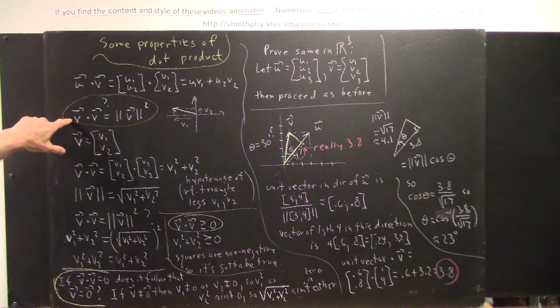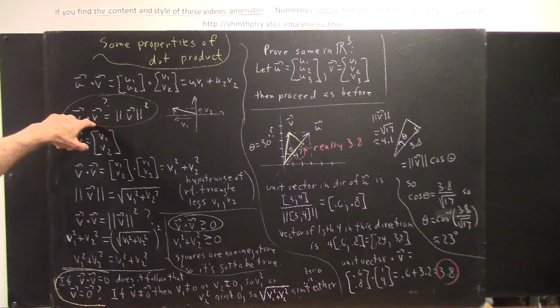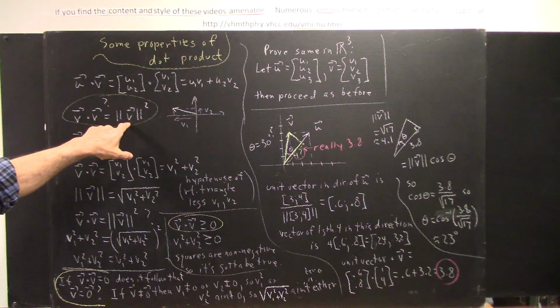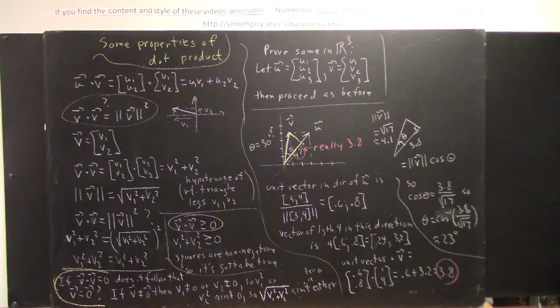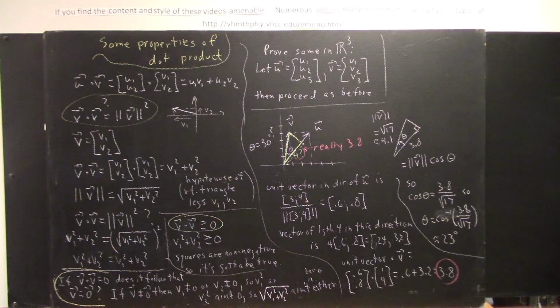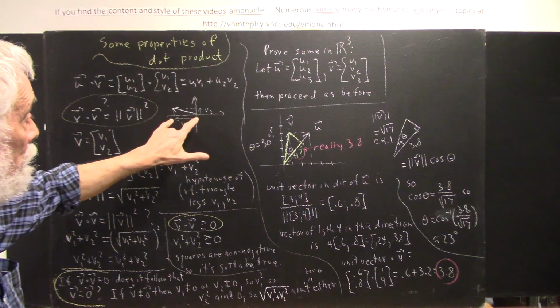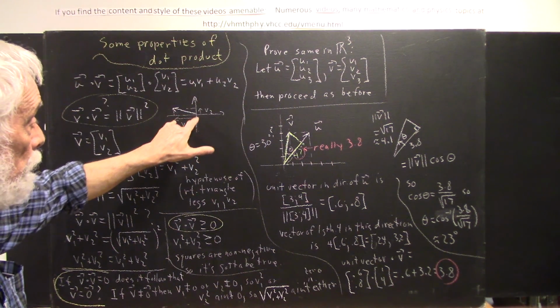Now, is it true that v dot v is equal to the square of the magnitude of v? Okay, well, in R2, of course, the magnitude of a vector is just how long it is. So if v1 is the x component, then that's how long the x component is.